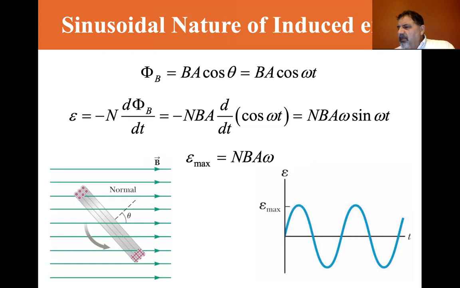So the induced EMF in the coil is just NBA omega. Well, that's the E max, and the E max occurs when sine omega t is equal to 90 or 270 degrees. So that's the max. That gets rid of the sine omega t.